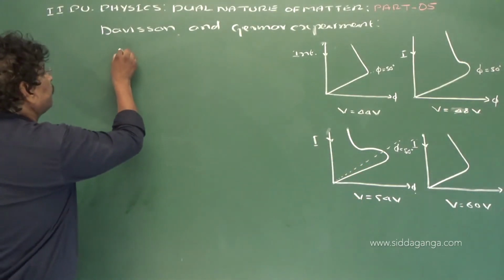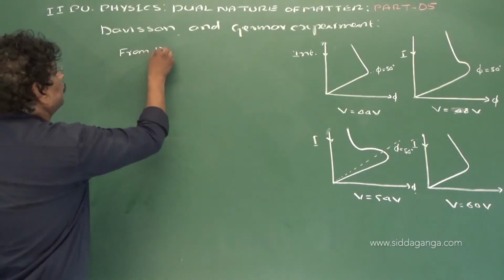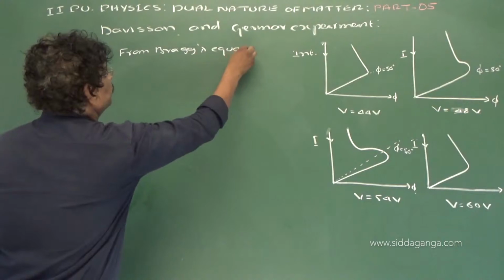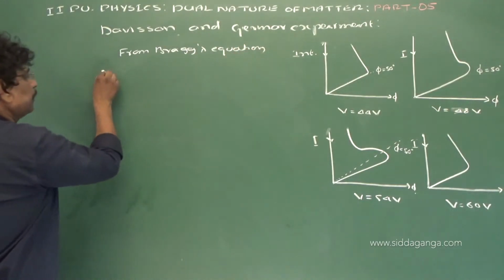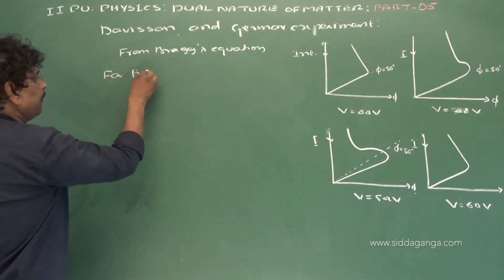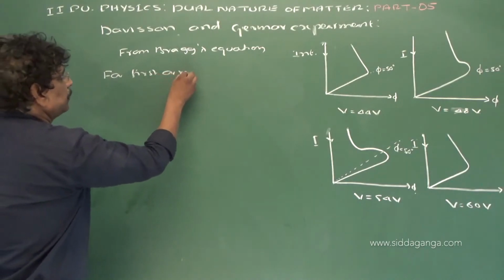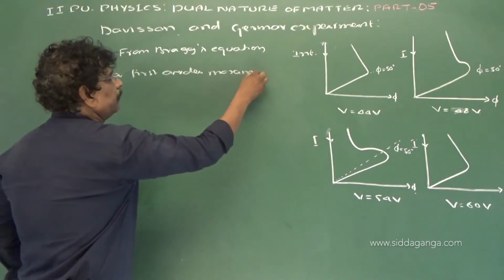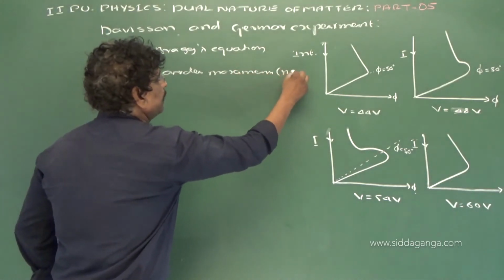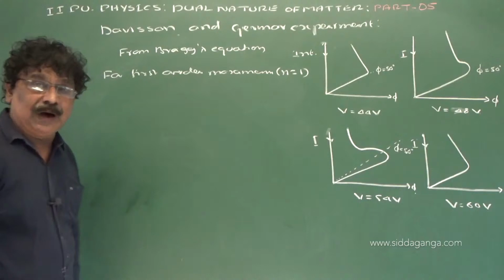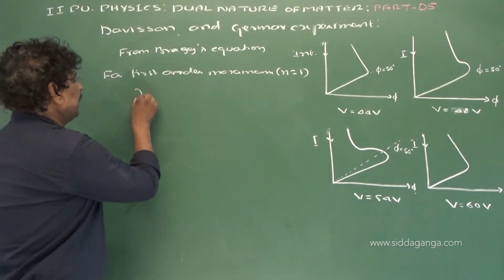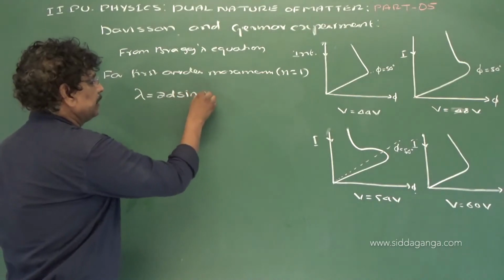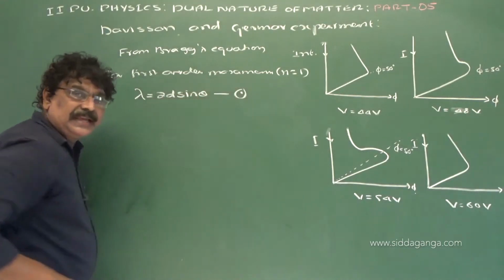Now from Bragg's equation, for first order maximum, that is for n equal to 1, lambda is equal to 2d sine theta, equation 1.